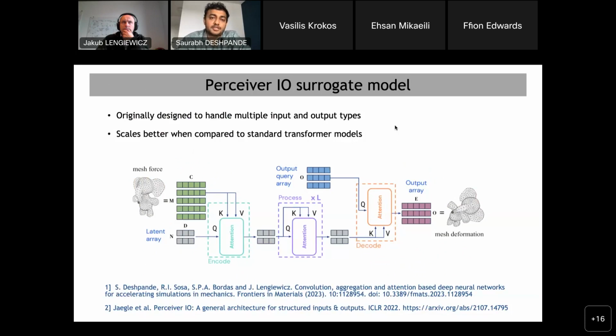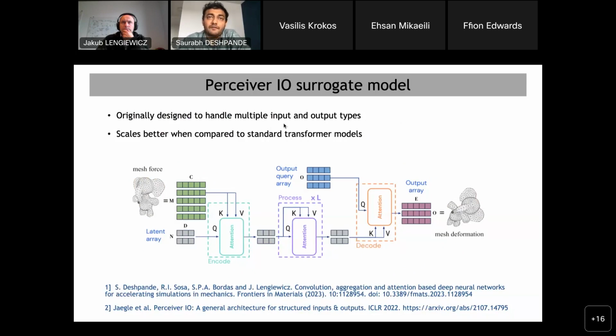Now let's go to Perceiver IO, which is one of the state-of-the-art transformer-based models. This work has been done with my fellow PhD student Ian. Perceiver IO was originally proposed to handle multiple types of inputs and outputs.